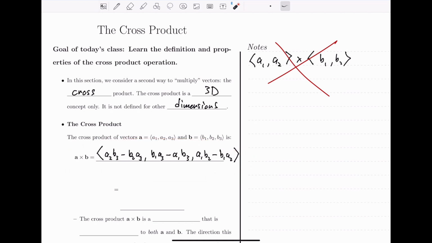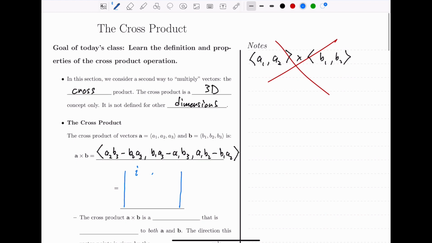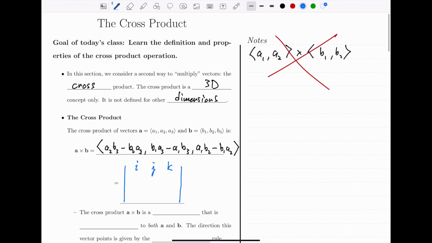If you've learned linear algebra before, let me show you another way of writing down this formula. We can think of the cross product as a determinant of a 3x3 matrix. We can take the 3x3 matrix where the first row is i, j, k. The second row is the vector A: a1, a2, a3. And the third row is the vector B: b1, b2, b3.